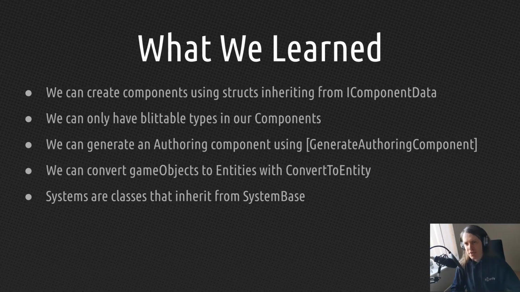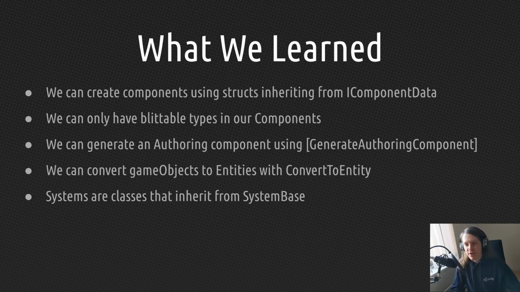So what have we learned for this section? We can create components using structs inheriting from IComponentData, and we can only have blittable types in our components, although there are some exceptions Unity has put in. We can generate an authoring component using the GenerateAuthoringComponent tag. We can convert game objects into entities with ConvertToEntity. Systems are just classes that inherit from SystemBase, and they have functionality like OnUpdate.